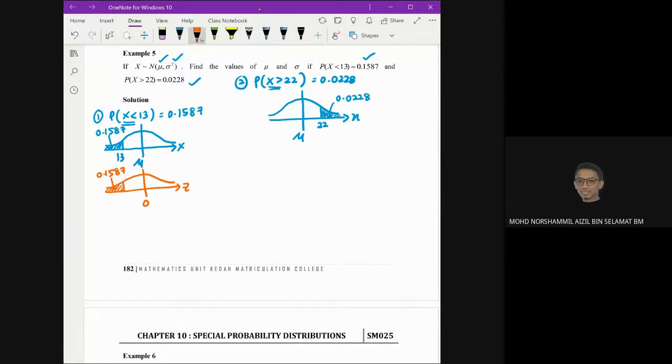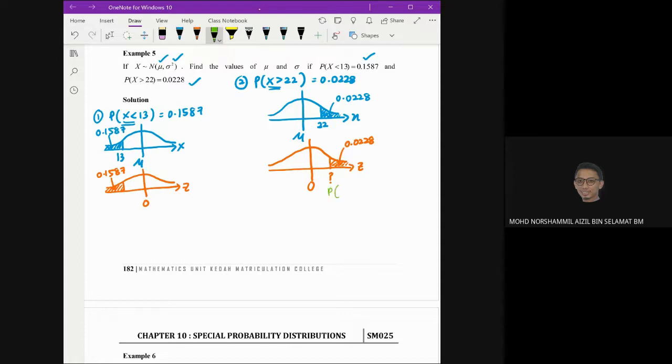Okay. So what does it mean? In Z distribution, dia clue ni senang sikit. 0.0228 similar size. Okay. So let's find out what is this part. Guys, we can read the table kan?